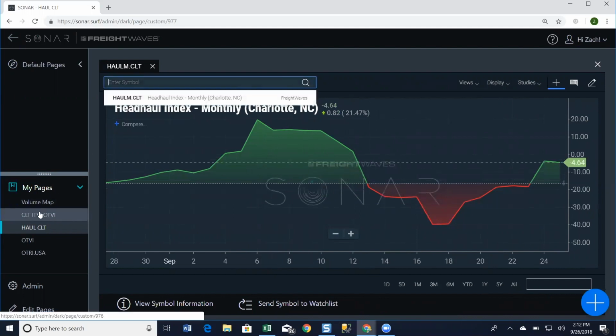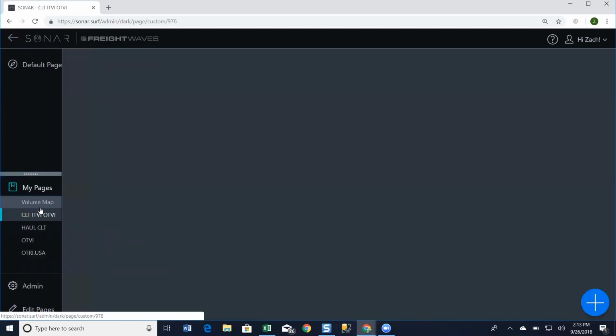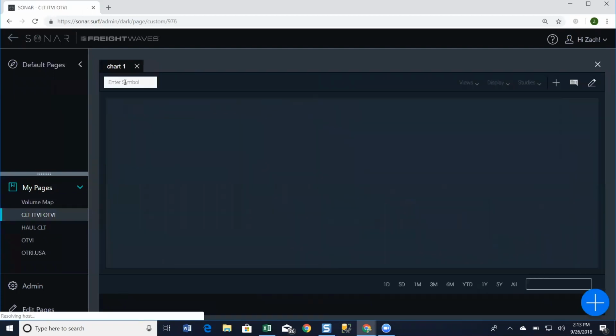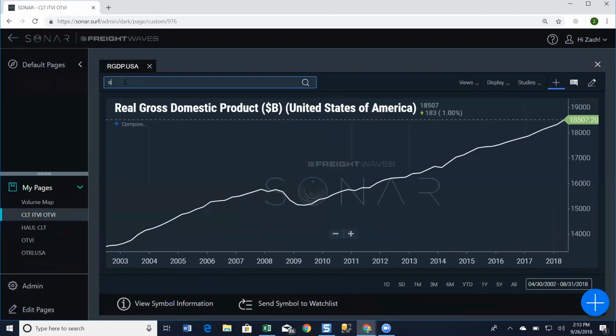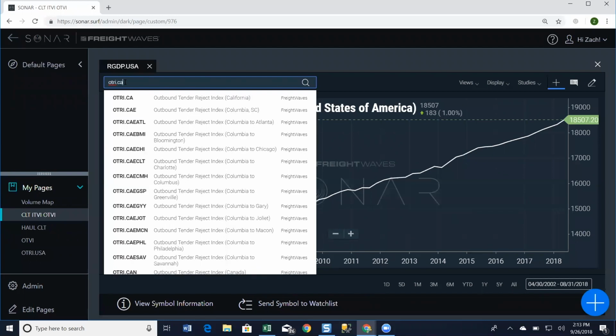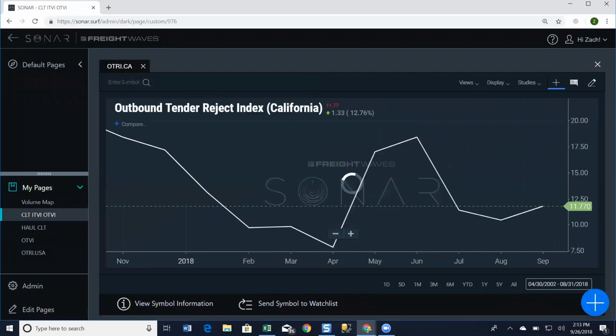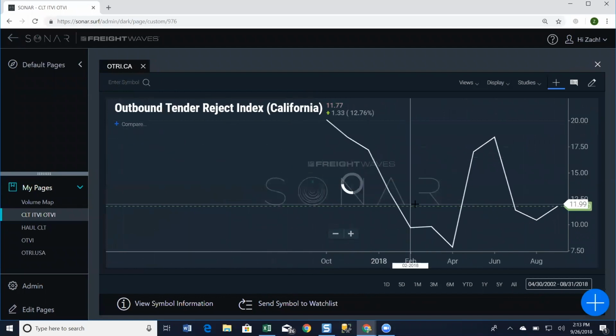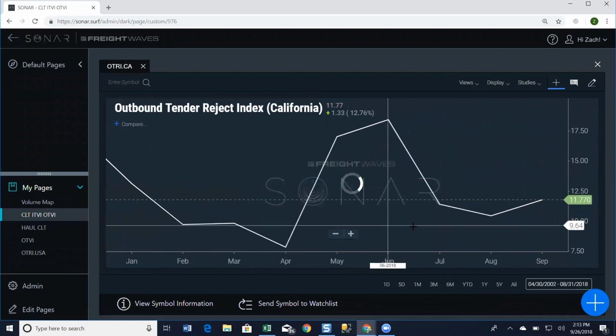The next thing that we added, and I really like this one, is the OTRI state granularities. It's also the ITRI state granularity. What this is doing is grouping up all the tender rejection indexes that are in a state and aggregating them into one number for each state.